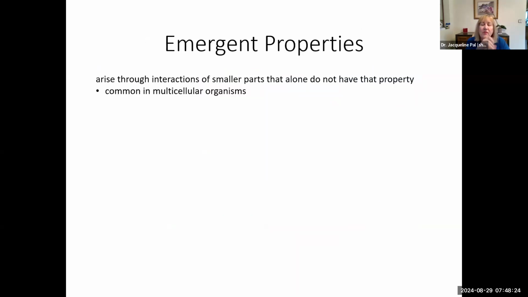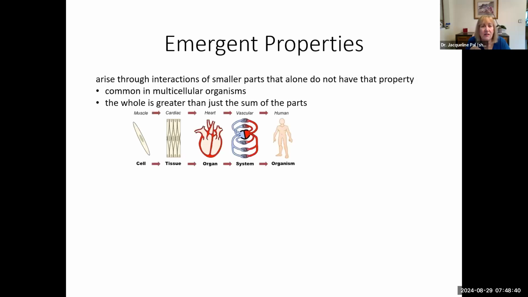Okay. And with these characteristics of life, what you need to realize is that in multicellular organisms, interactions of the smaller parts have specific properties that the individual parts don't. So, for instance, when we look at humans, our entire body can do things that any one organ system alone can't do.